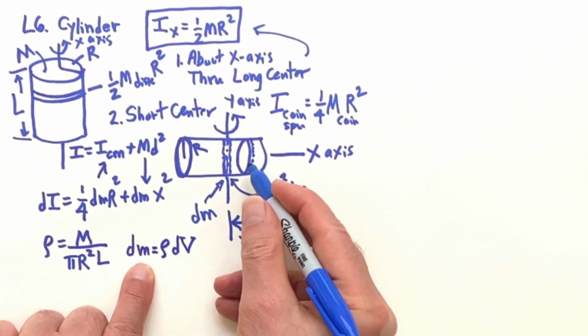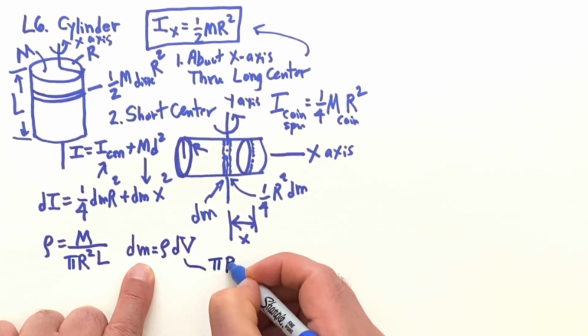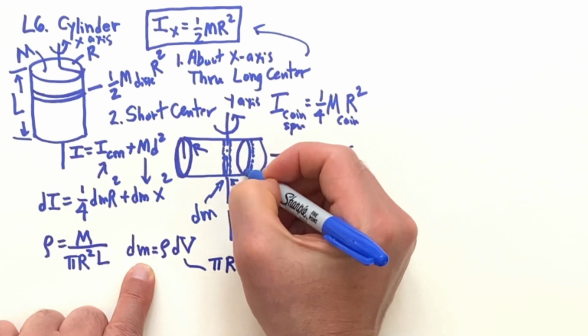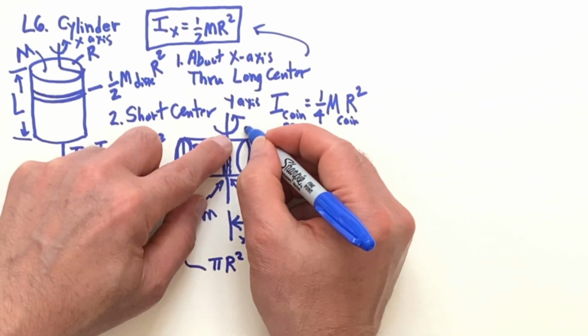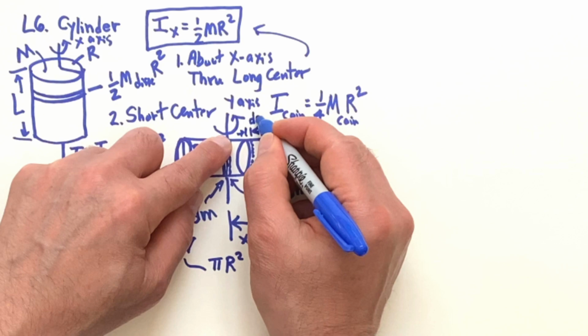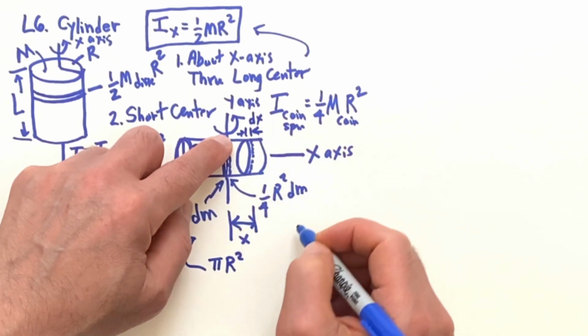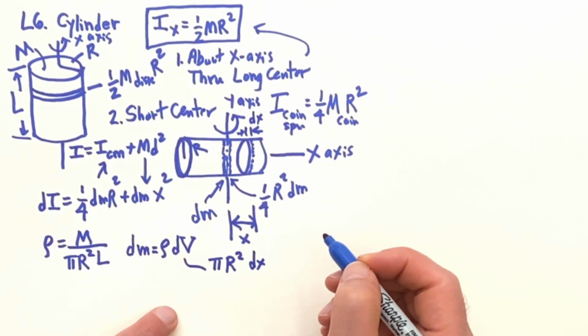Well, what's the differential volume? Well, the differential volume would be pi R squared to get you your area of the plate, and then a little delta x. So here, going from there to there, that's your delta x. It's your x-axis. So that's the setup.